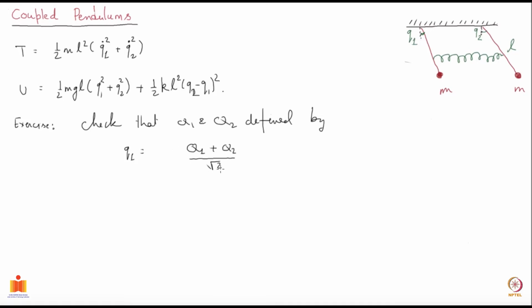Of course, whether this is square root of 2 or some other coefficients one can easily fix, but the point is that you can guess that I should use such a combination, q1 plus q2, and Q2 to be 1 over m l square times q1 minus q2.